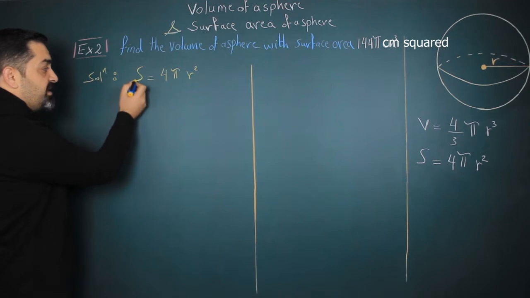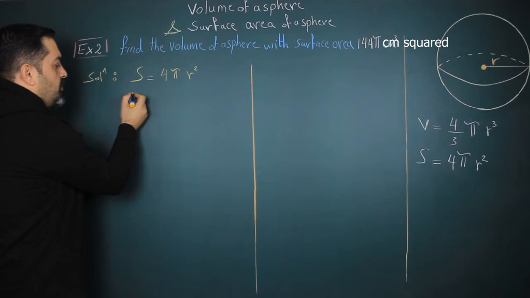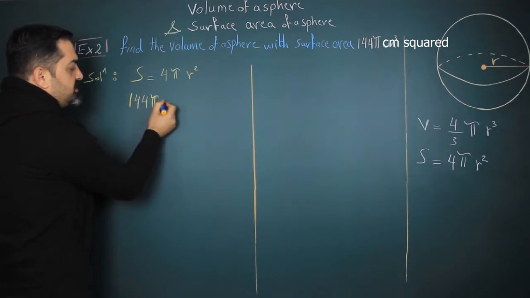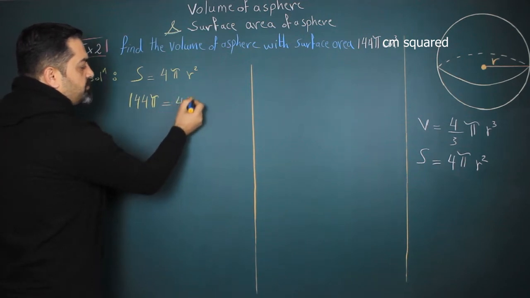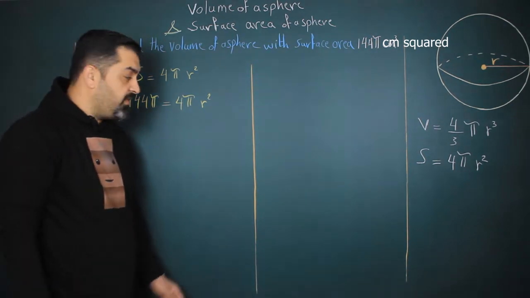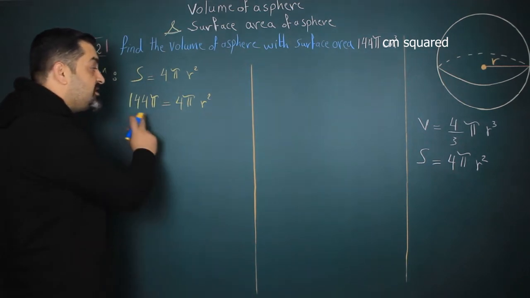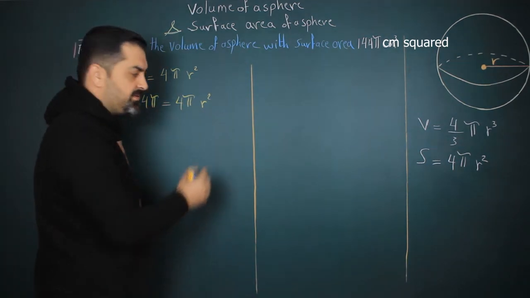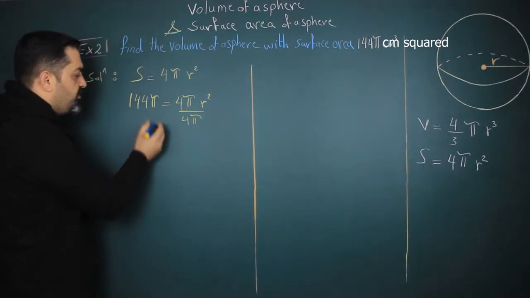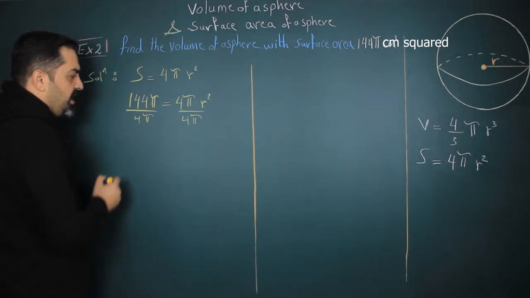We already have the value of S, which is 144 pi, equal to 4 times pi times r squared. To find the value of r, divide both sides by 4 pi.